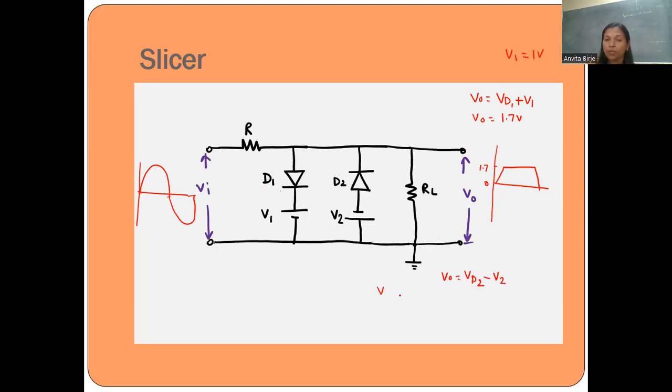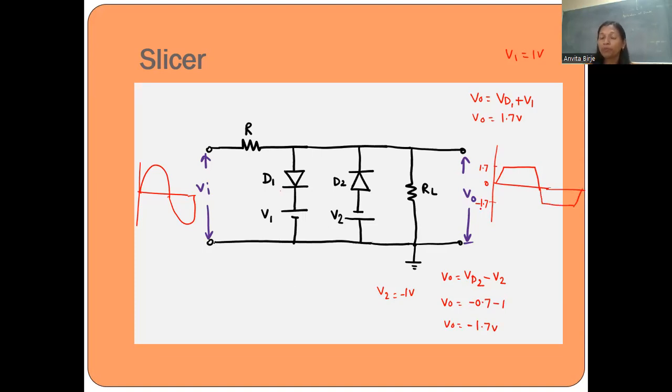Again I am considering V2 as minus 1. So the overall output is minus 0.7, because why am I writing minus? Because it is negative, below 0, and minus 1 volt. So at the output I'll get minus 1.7 volt. Minus 1.7.